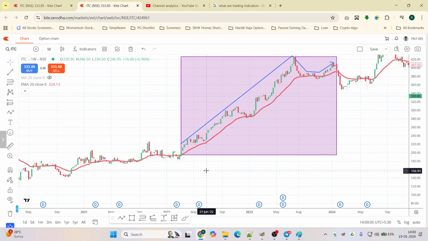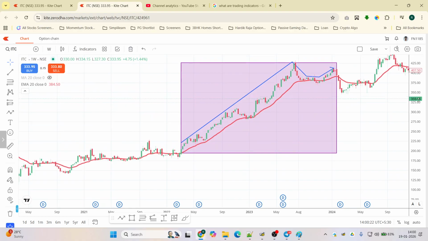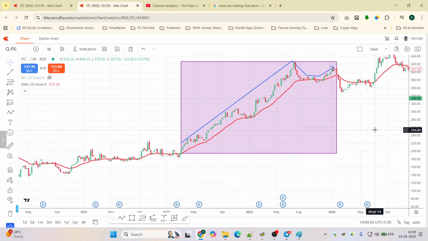Guys, this is not just a confirmation, right? Indicators are only used to validate our trading ideas. Based on indicators, it is up to you to take a trade or not, but I would suggest not to, because we need multiple confirmations, which I'll tell you as time goes by.